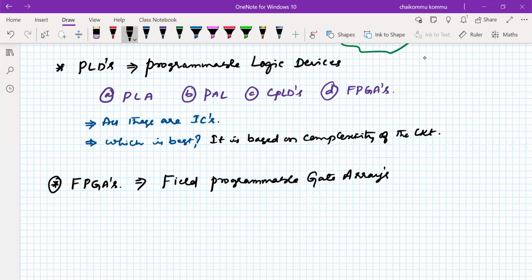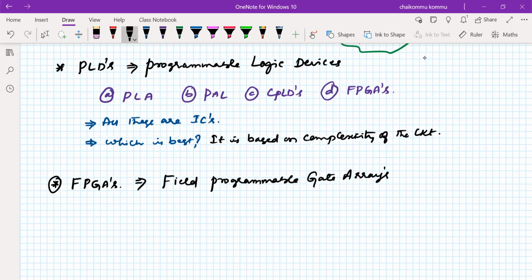Therefore, the basic gates are involved, either AND gate and OR gate, or NAND gate or NOR gate. The same thing is applicable for the PAL also. But in the case of the CPLD, it is a collection of PLAs or PALs, meaning more functionality is implemented by the CPLD compared to the PLA and PAL.